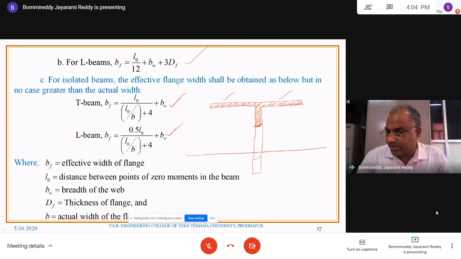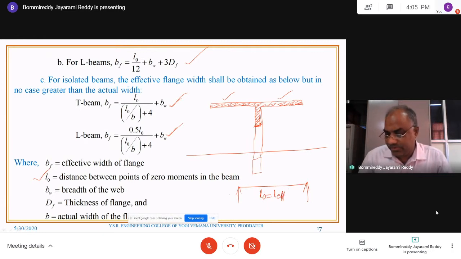And all these parameters: L0 means the distance between the zero points of moment in the beam. For a simply supported beam, L0 is nothing but the effective span.